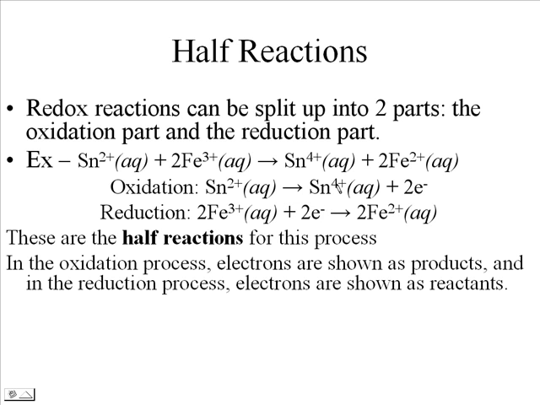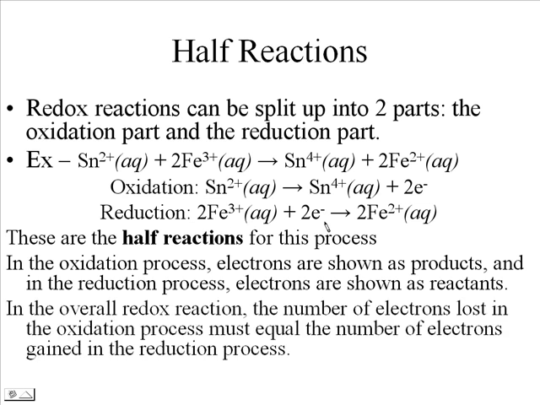And these are what's called the half reactions. Okay, as you can see, when something's being oxidized, the electrons are shown as products. When things are being reduced, they're gaining those electrons. The electrons are being shown as reactants. Okay, and like I said, the number of electrons lost must equal the number of electrons gained in the process of the oxidation and reduction.